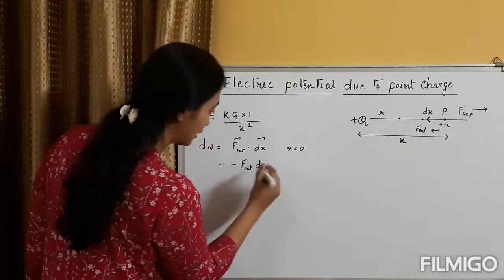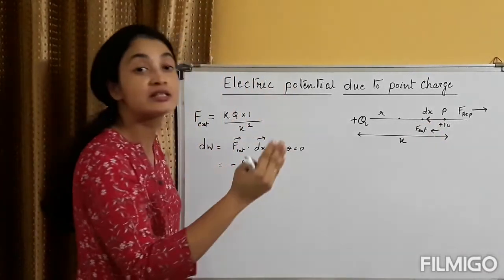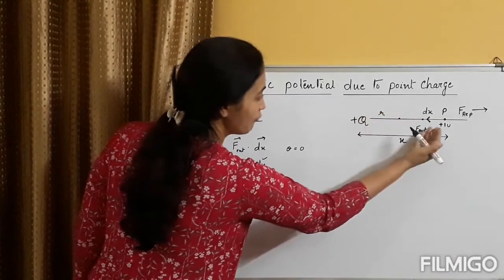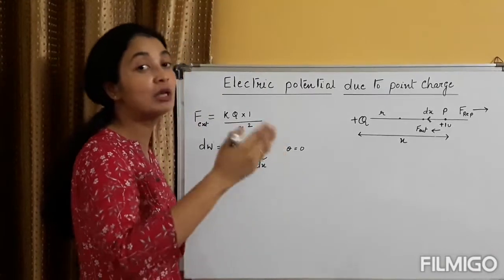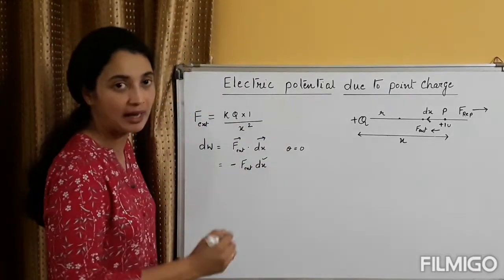That is to tell you that the value of x is decreasing. As you keep coming closer to the source charge, the value of x is decreasing. I mean to say that x final will be less than x initial, and the difference dx will give you a negative sign.